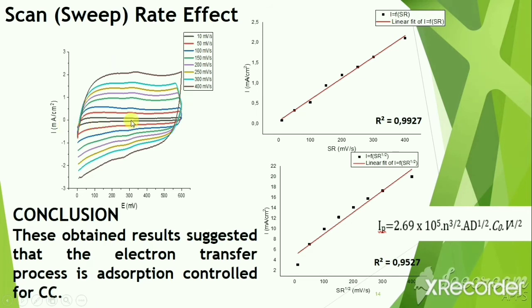Each time we increase the scan rate, an increase in the oxidation peak and the reduction peak occurred. So the linear relation between current and diffusion is verified here in our case. So we can say that the electron transfer process on the surface of the electrode is adsorption controlled toward catechol.